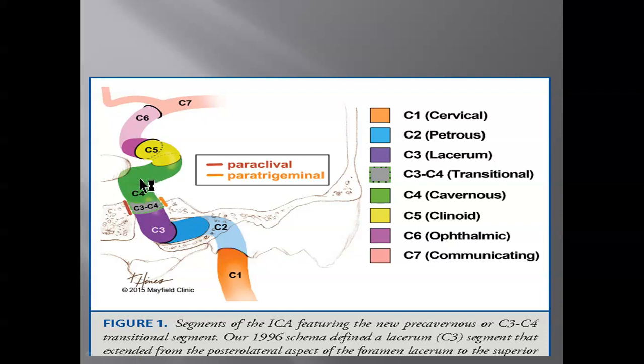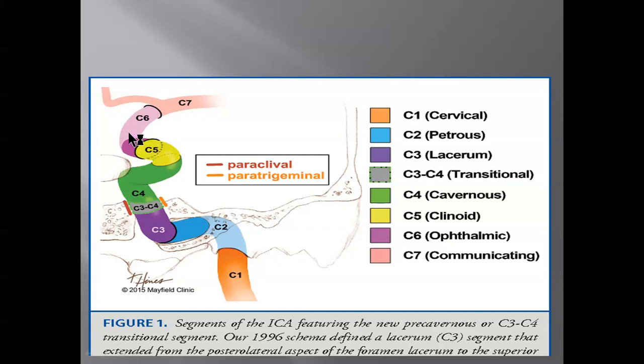Then we have the cavernous part C4. This is inside the cavernous segment, cavernous sinus, C4 segment. Then we have the clinoid part. This is a small area which is medial to the anterior clinoid process.